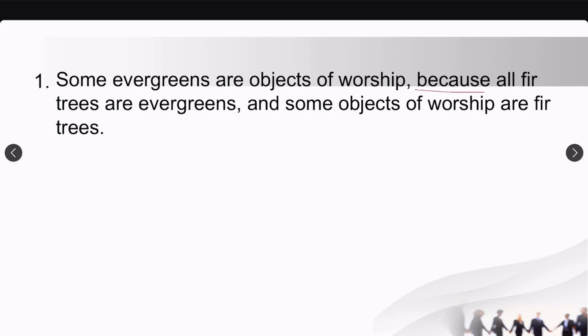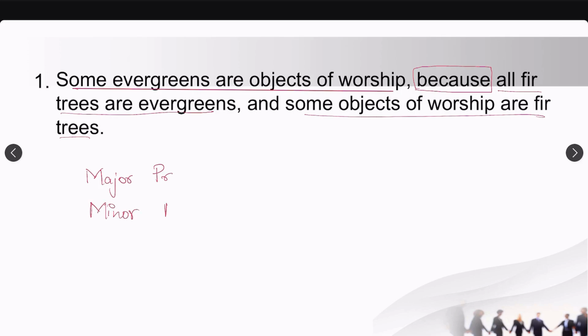Here we see that we have a premise indicator, meaning that this and this are your premises. This one is the conclusion: some evergreens are objects of worship. So we'll simply write the major premise, then the minor premise, and then the last one is the conclusion. It's best if you can identify the conclusion first.